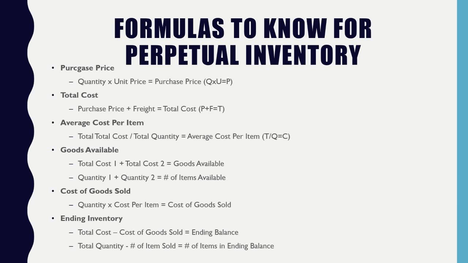So when we take a look at our inventory worksheet, instead of putting the formula in the total cost, we're going to be placing it into the cost per item.